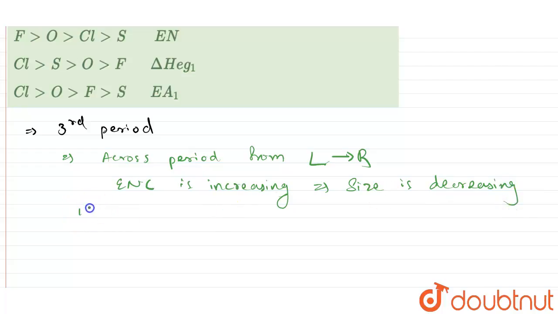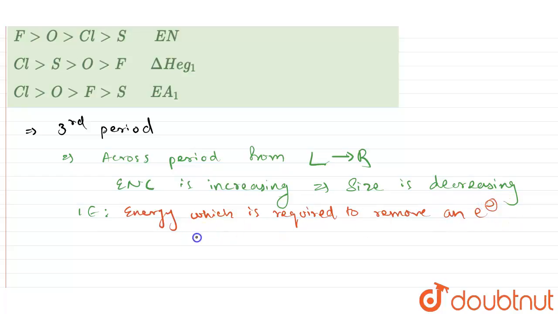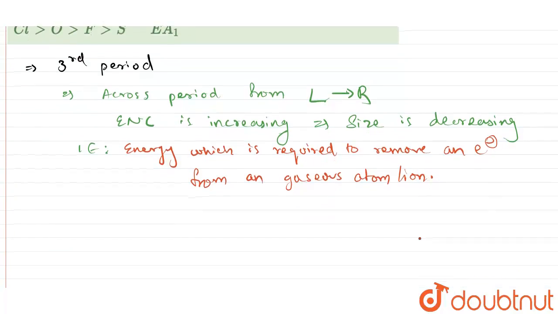And ionization energy is the energy which is required to remove an electron from a gaseous atom, or you can say ion. So that is the energy which will be required.